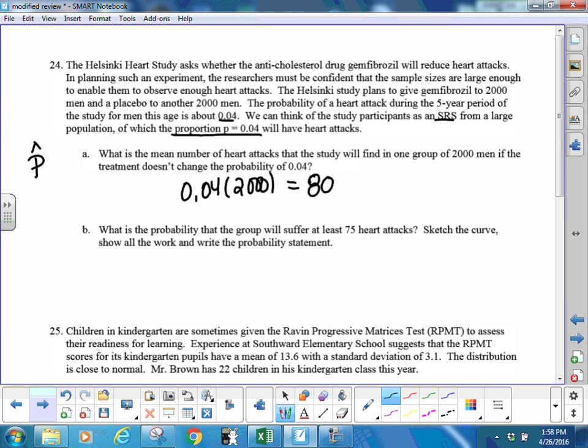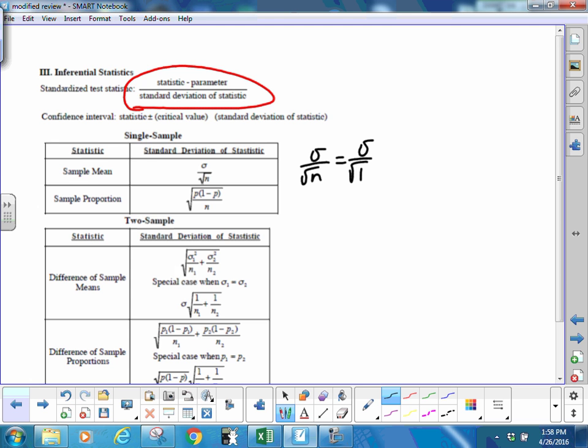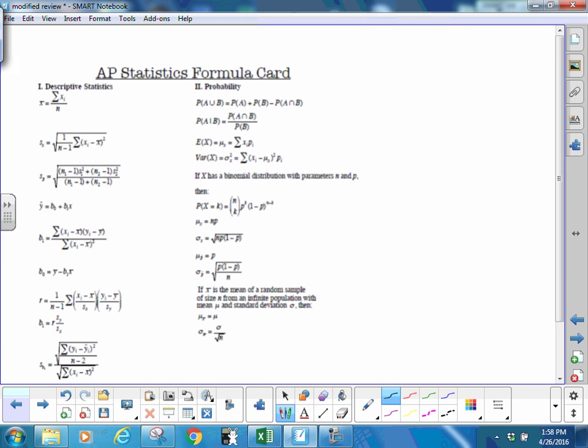So the mean number of heart attacks we'll find is 80. Do you have to remember that? No. If you want to remember that tidbit about the proportion, it's on your formula sheet under probability, and that's why I knew that the population proportion of 0.04 was the mean.